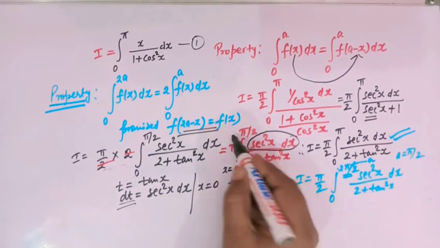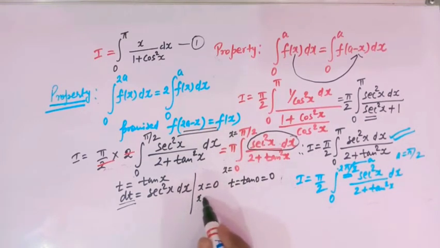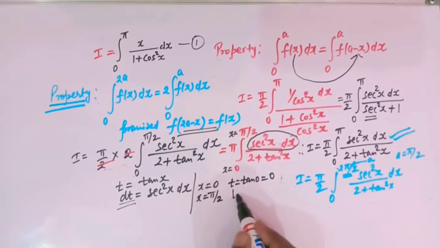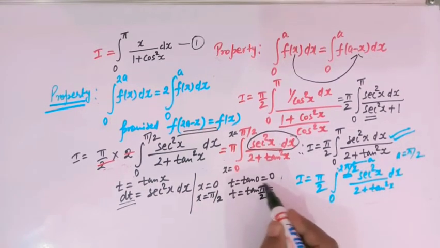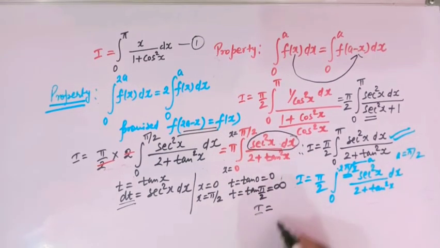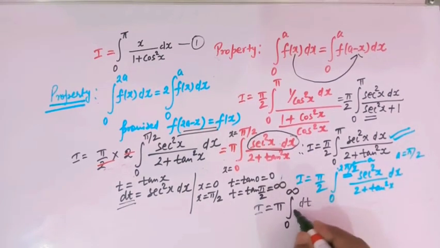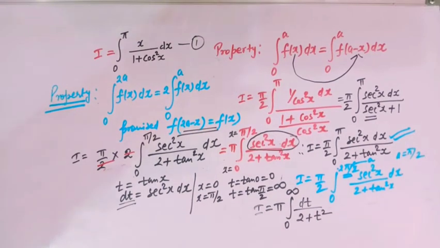And when x is equal to pi by 2, t is equal to tan pi by 2, which is not defined, which is equal to infinity. So now this integral becomes I is equal to pi, with limits from 0 to infinity, of dt over 2 plus t square.